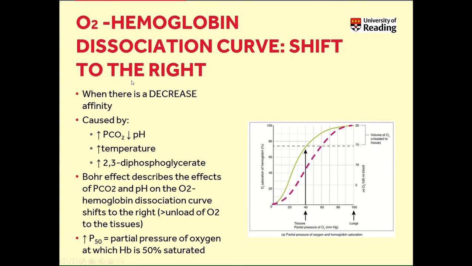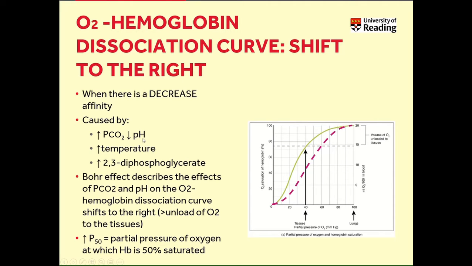Right, so a shift to the right of the dissociation curve occurs when there is a decrease in affinity of hemoglobin for oxygen. So shown in here in purple. And it's caused by an increase of CO2 and therefore an increase in partial pressure of carbon dioxide, or a decrease of pH.